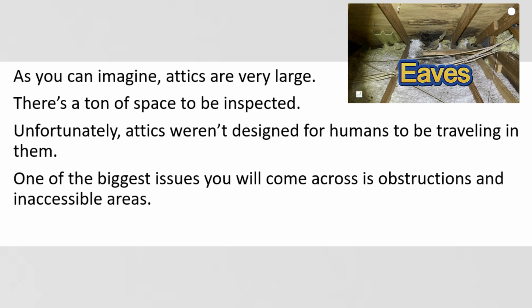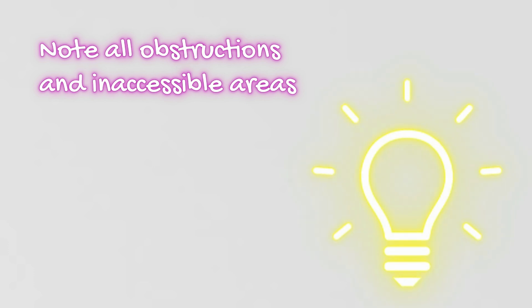This again is another area where there's going to be light, so obviously insects are going to be attracted to this area. Also around the eave areas from the outside, insects can have the ability to get in, things like swarming termites. So you really have to understand that areas like this are obstructed, and it's something you need to note whether you're doing a graph on the property or if you're doing a WDO inspection.